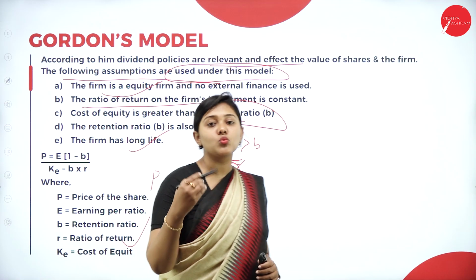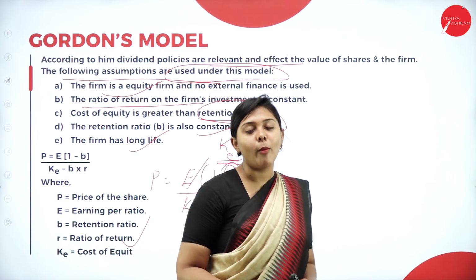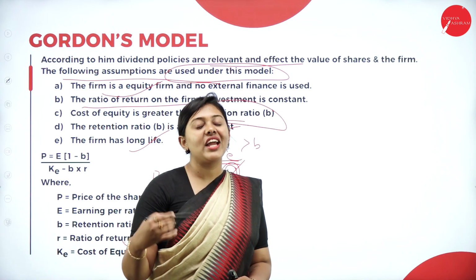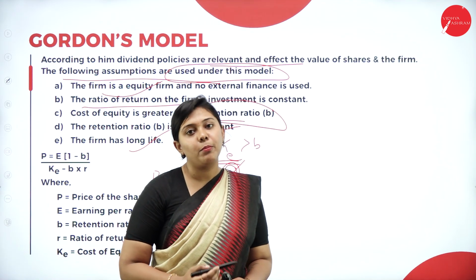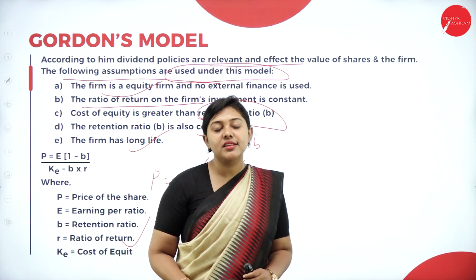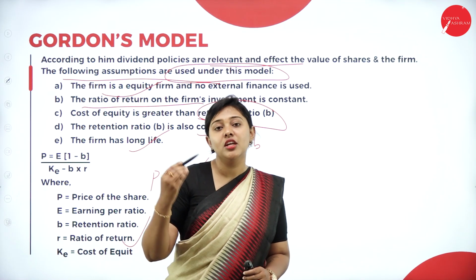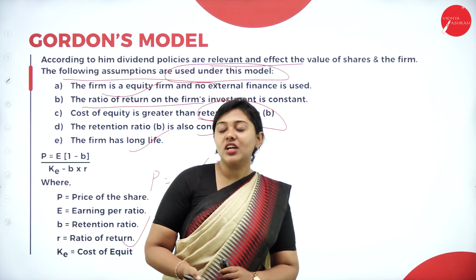So this is your formula, and based on this formula we will be solving the problem. What we have to compute is the market price. When the capitalization rate is given and the retention ratio or dividend payout ratio is given, what is the price of the share?